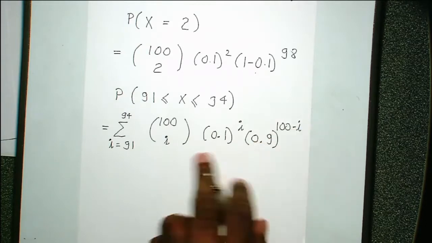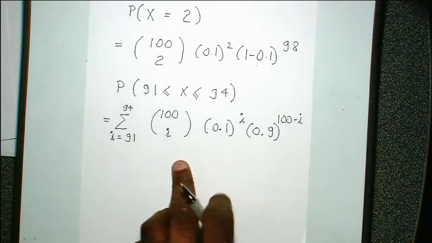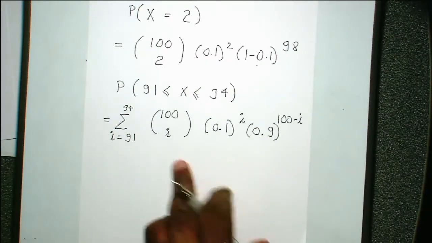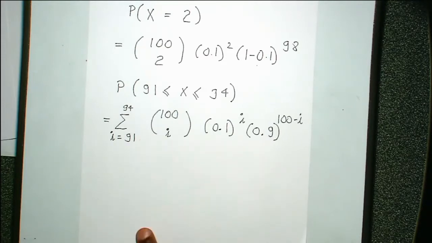These are very big numbers, right? You can't possibly do this in an exam because it will take you forever to compute things like this. When you have 100 choose 10 or 100 choose 90, it will take you a long time to compute.